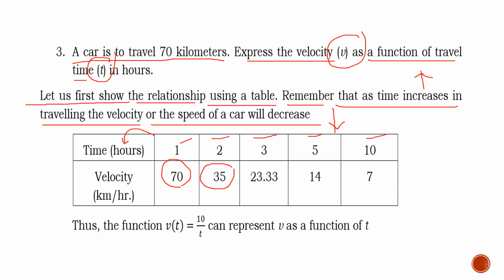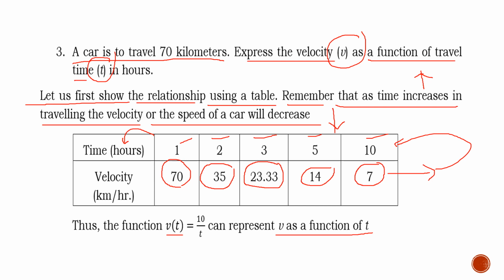Same with 3 hours, 23.33 kilometers per hour, 5 hours for 14 kilometers per hour, and 10 hours for 7 kilometers per hour. This is the velocity we can map to each of the given times. Thus the function b with respect to t is equal to 70 over t, which can represent b as a function of t.